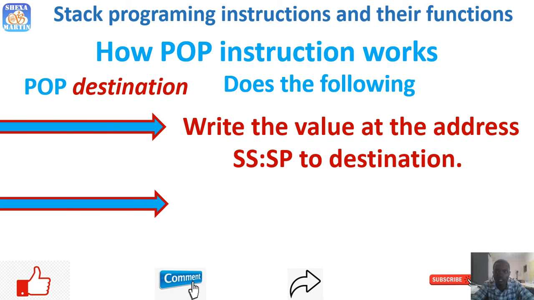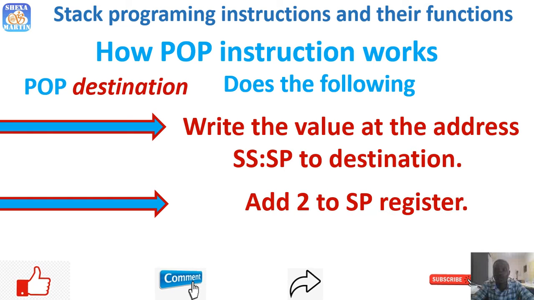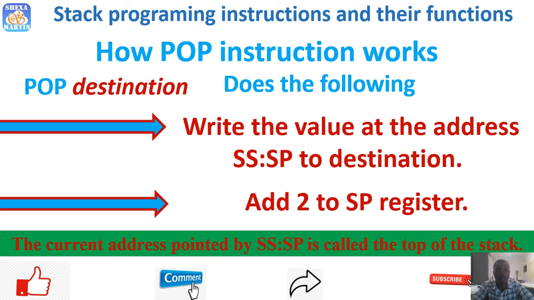Instead of subtracting, it now adds 2 to the stack pointer register's value. The current address pointed to by the stack pointer is called the top of the stack. Anything at the top of the stack is what is currently pointed to by the stack pointer.